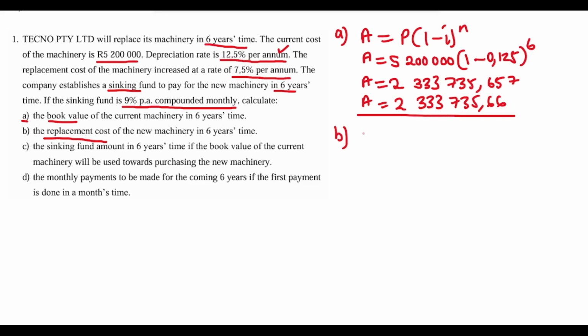So for B, we're using A is equal to P times (1 plus i) to the power n, because this is growth. The price is going up.